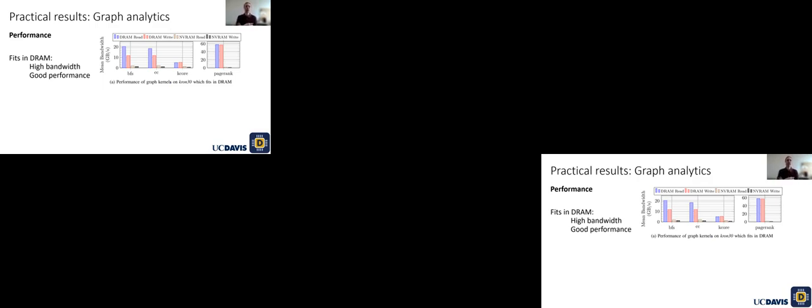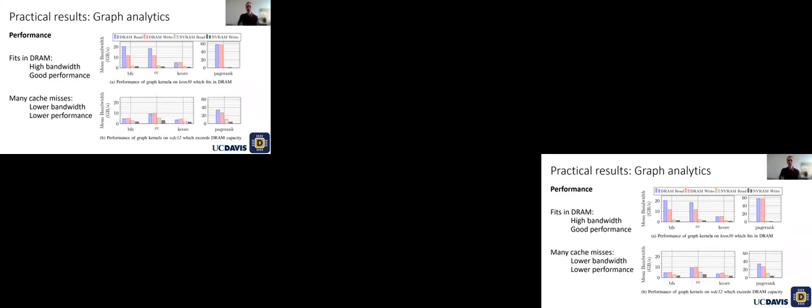And when it fits within the DRAM, we're getting pretty good bandwidth in these systems, pretty good performance. Now, if we go instead to a workload that doesn't fit in the DRAM, so this WDC12 is a graph which exceeds the DRAM capacity, so now we're having to spill things from the cache into persistent memory.